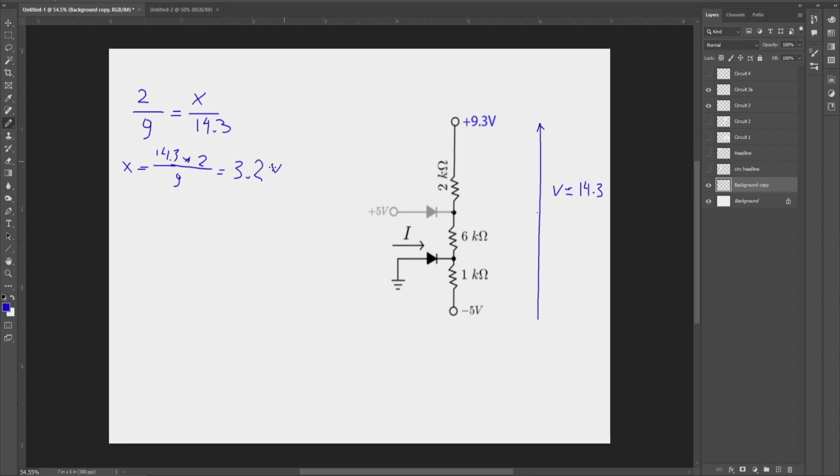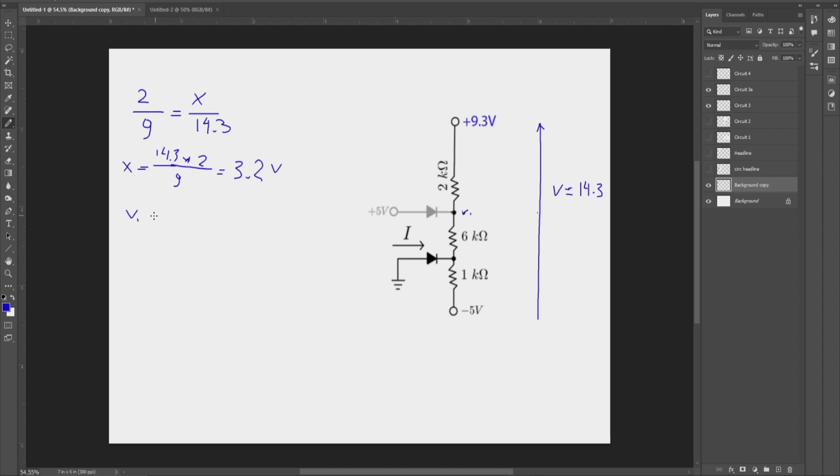3.2 volts. So that's the voltage drop across this resistor. This resistor is biased in a way that this is the more positive side than that side. So we're going to get this voltage right here. Whatever we can call it, voltage 1.